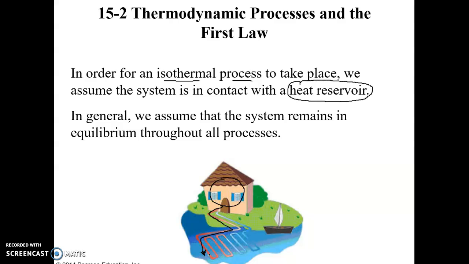Because the earth is so large, the heat that we are taking from the house, putting into the earth, doesn't really change the temperature of the earth. We're not significantly increasing the temperature by moving that heat energy into it. So that's an example of an isothermal process where heat is flowing from one thing to another, and yet the temperature doesn't really change because we have this heat reservoir. The Earth is like this giant reservoir that can accept a lot of heat without its temperature changing, mainly due to its incredible mass.